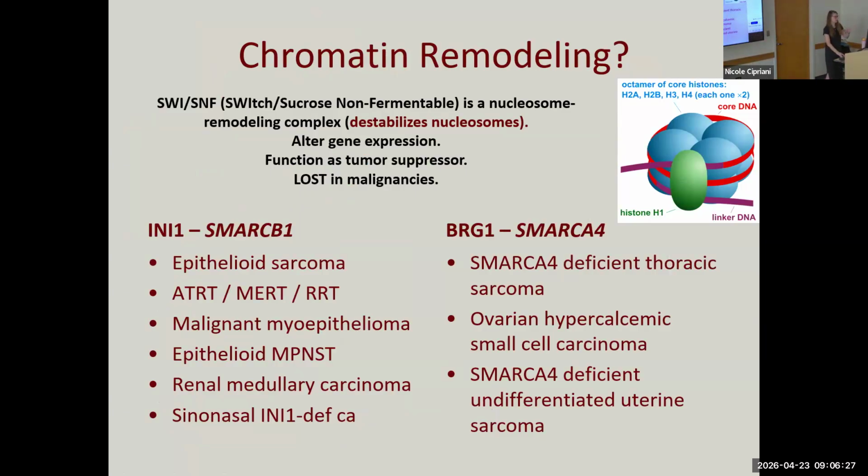These are all chromatin complex remodeling. They all generally have a point mutation in one copy of the gene and loss of the other. So you have basically loss of heterozygosity. You have elimination of both copies by mutation and just deletion.